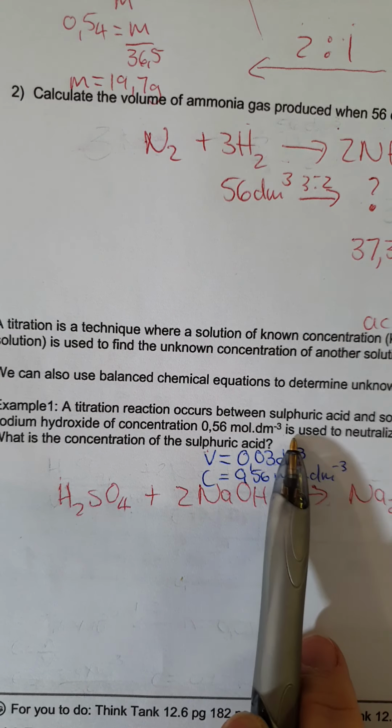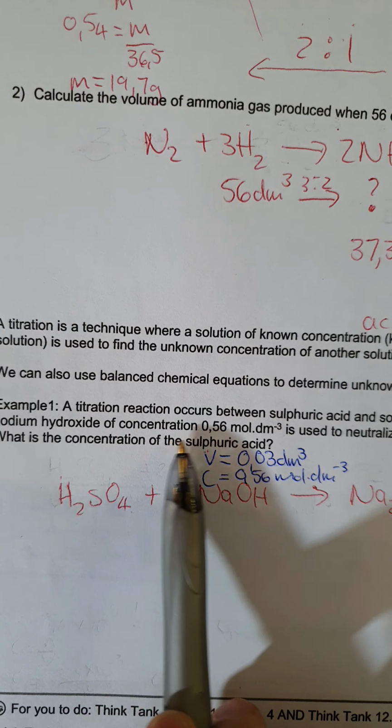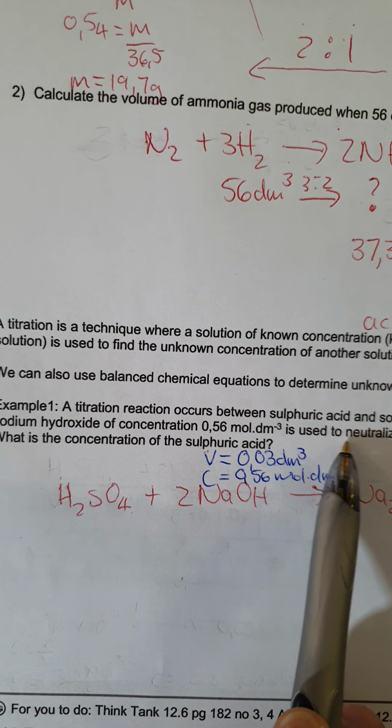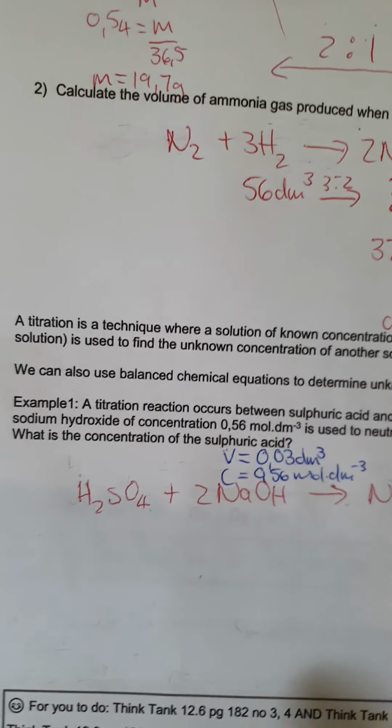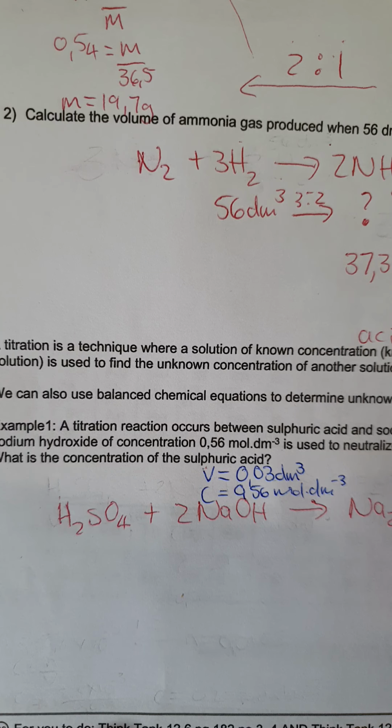It says 30 centimeters cubed of sodium hydroxide of concentration 0,56 mole per decimeter cubed is used to neutralize 18 centimeters cubed. Again, you want to change that to 0,018 decimeters cubed, dividing by 1,000.